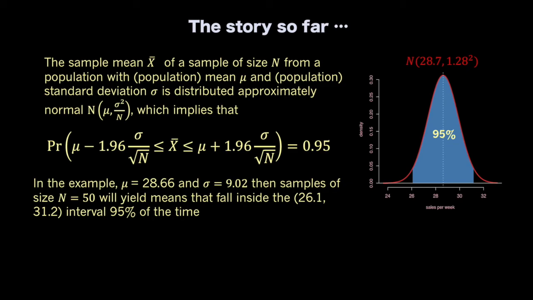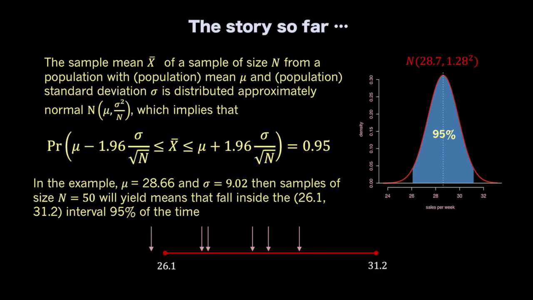So samples of size 50 will fall inside an interval. The interval is between 26.1 and 31.2. And that's the interval that covers 95% of the probability mass of the normal distribution. So we take samples, and most of the time they will fall in this interval, but not always.